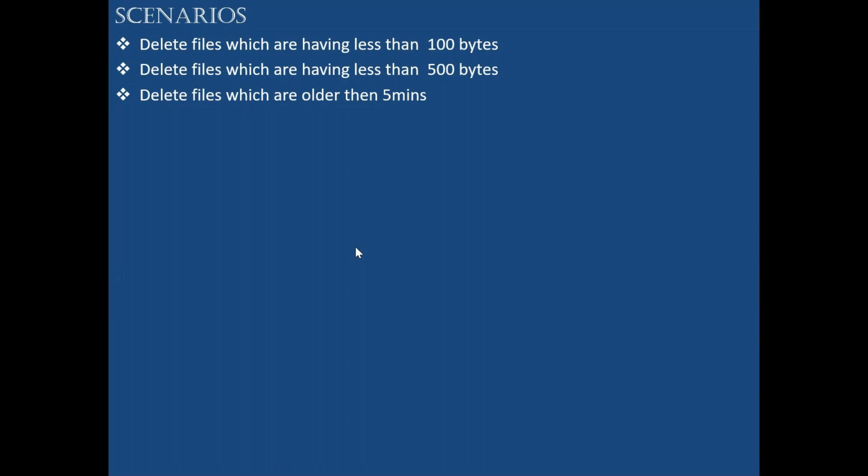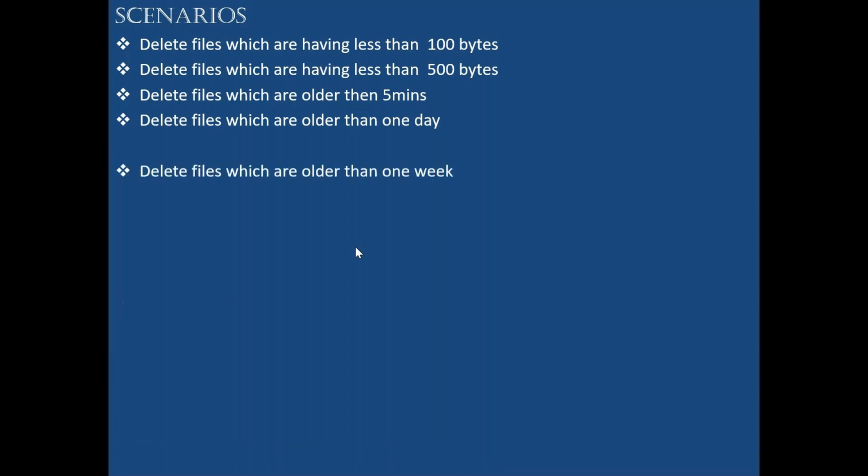But generally, we won't delete files older than 5 minutes. Only for our lab purpose, I am going to show you deleting files older than 5 minutes, because if you take older than 1 day, 1 week, 1 month, 1 year, we don't have files. So next, I'll also show you how to delete files older than 1 day, and files older than 1 week, like that.